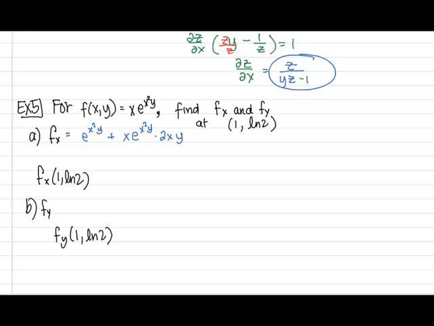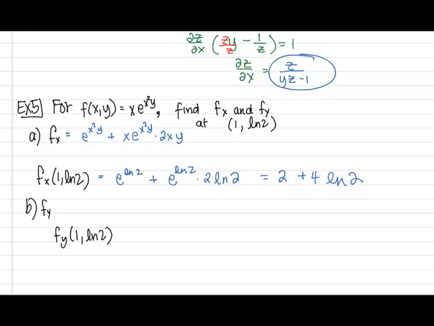At the point (1, ln 2), we're going to plug in 1 for x and ln 2 for y: e to the ln 2 plus e to the ln 2 times 2 ln 2. E to the ln 2 power is equal to 2, so I have 2 plus 4 ln 2.